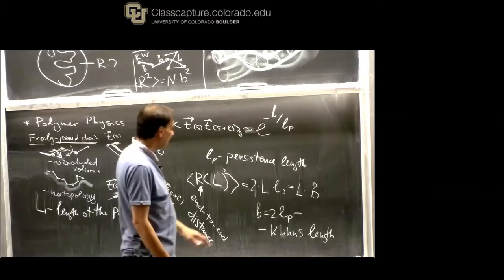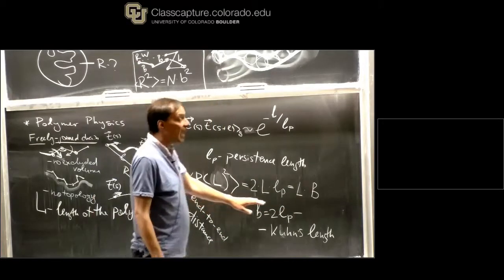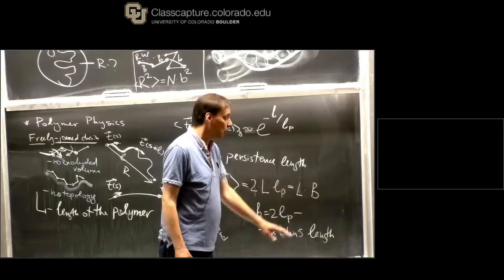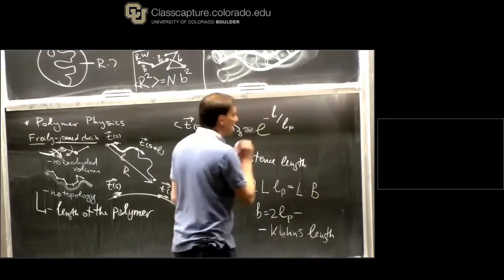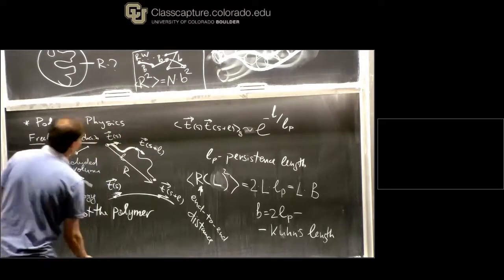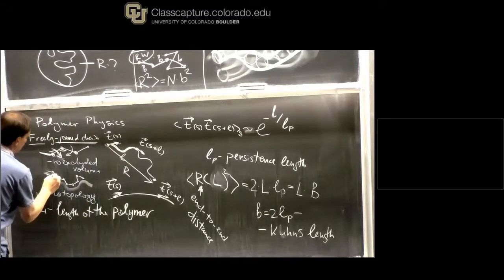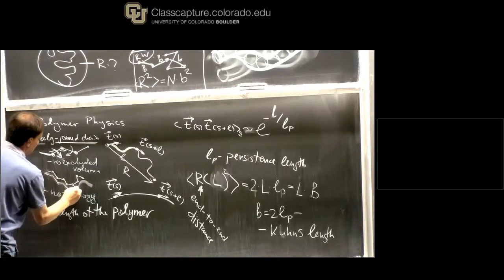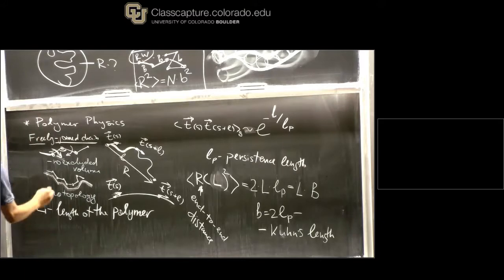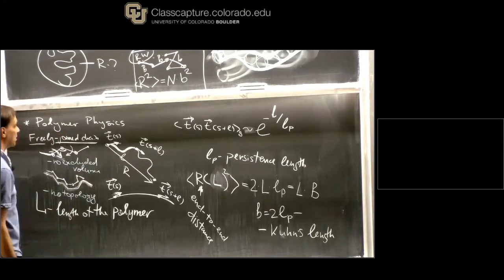So basically it means that my polymer behaves like a random walk with segments that are twice the persistence length. So I can describe my polymer as a random walk of sticks, and the size of the stick is twice the persistence length.